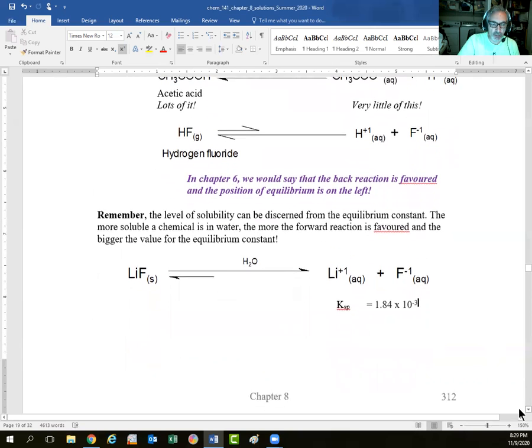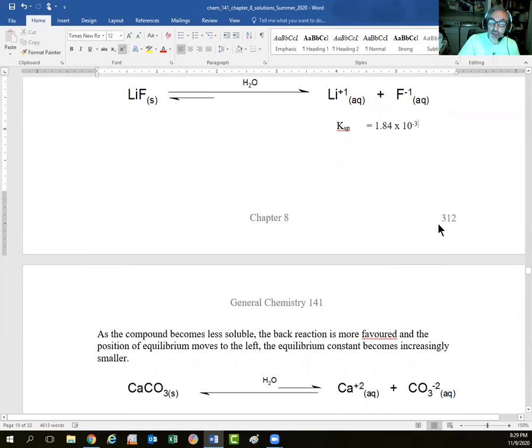We can look at equilibrium values for different solutes and compare the equilibrium constant, sometimes called the solubility product. It seems quite small, but we are dealing with an aqueous solution after all, 1.84 times 10 to the -3 for lithium fluoride. That's a pretty good value.